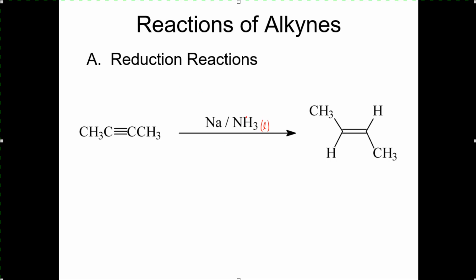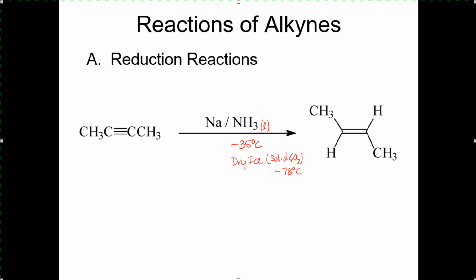What happens in this reaction is, first of all, ammonia liquefies at about minus 35 degrees Celsius. So it's very easy actually to make liquefied ammonia. You just take ammonia and you can put it in dry ice. Dry ice is solid CO2, and solid CO2 has a sublimation point of somewhere in the neighborhood of minus 78-ish degrees Celsius.